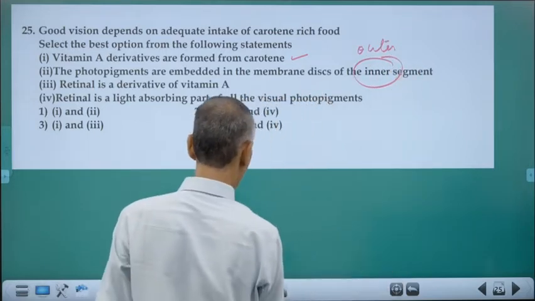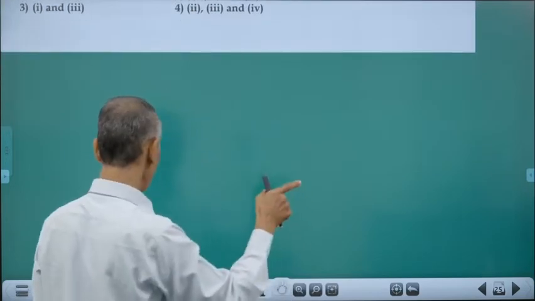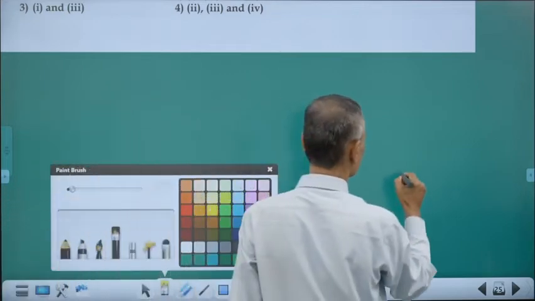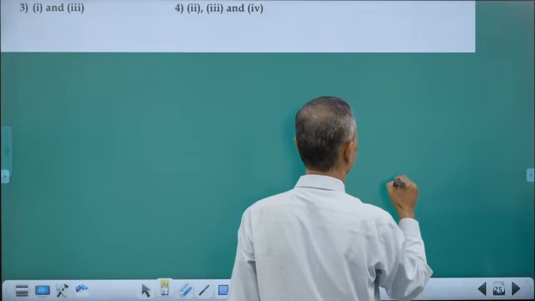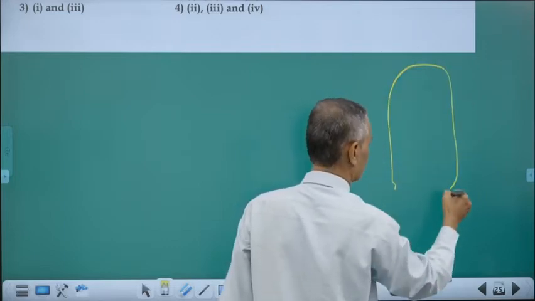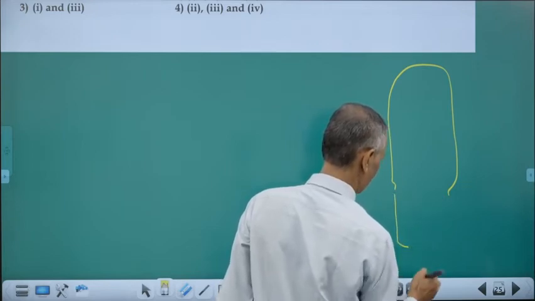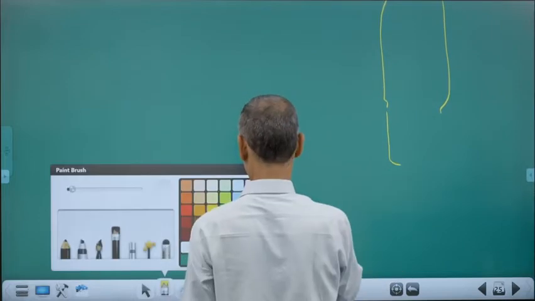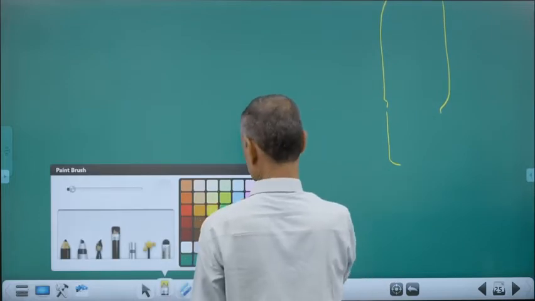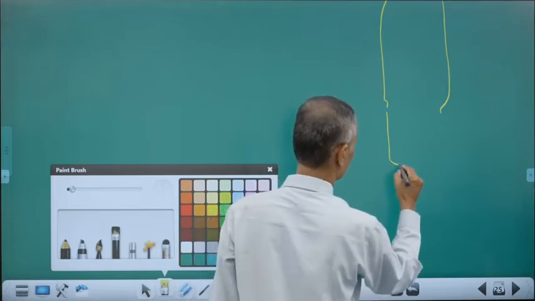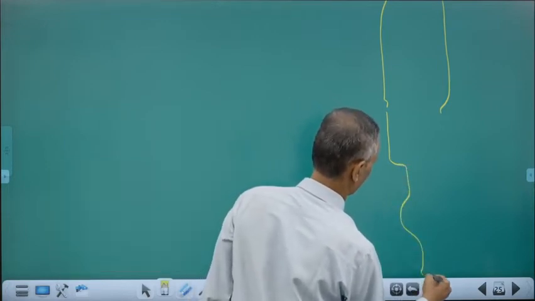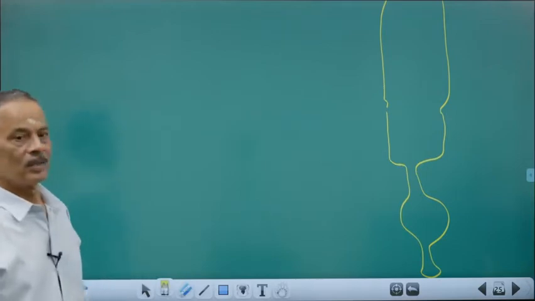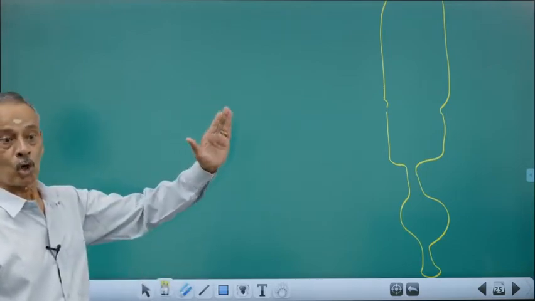I will give you a small diagram which is not at all in ordinary books. This is the structure of a rod.